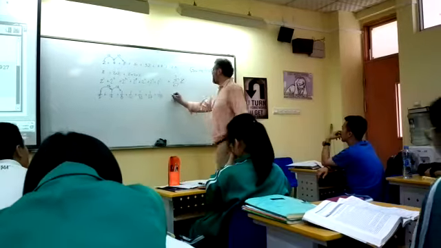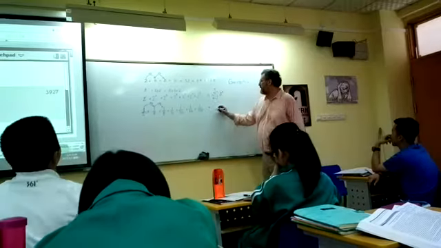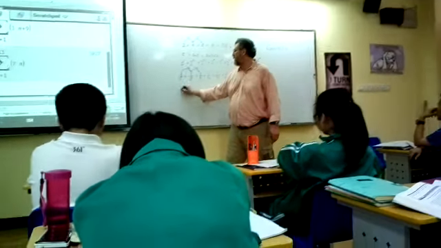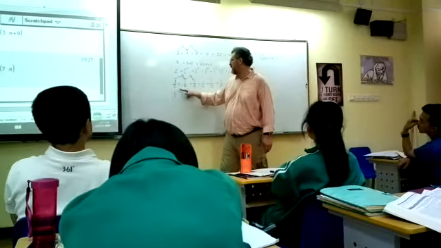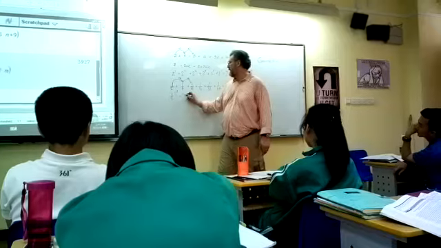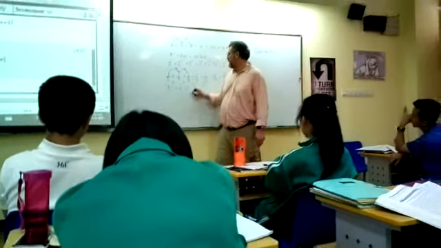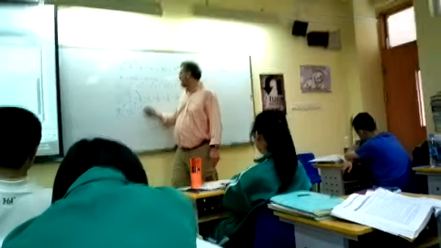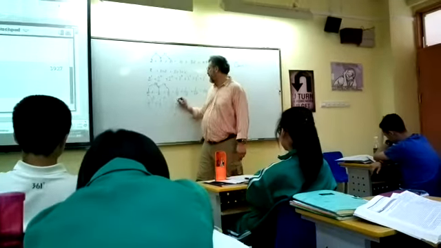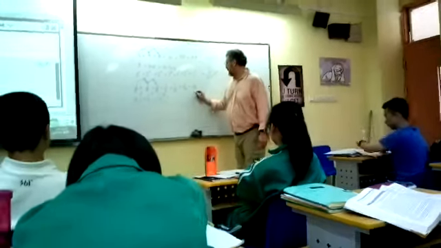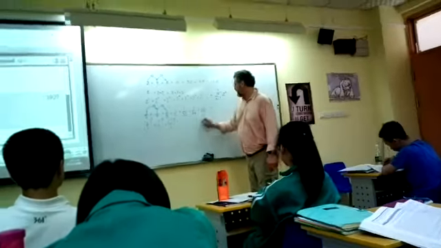So this could be written like this, couldn't it? 1/2 raised to the 1, plus 1/2 raised to the 2, plus 1/2 raised to the 3, dot, dot, dot, all the way up to 1/2 raised to the 7.